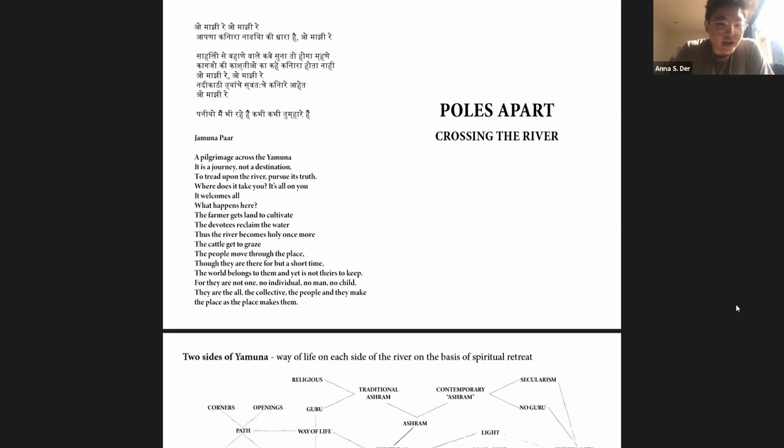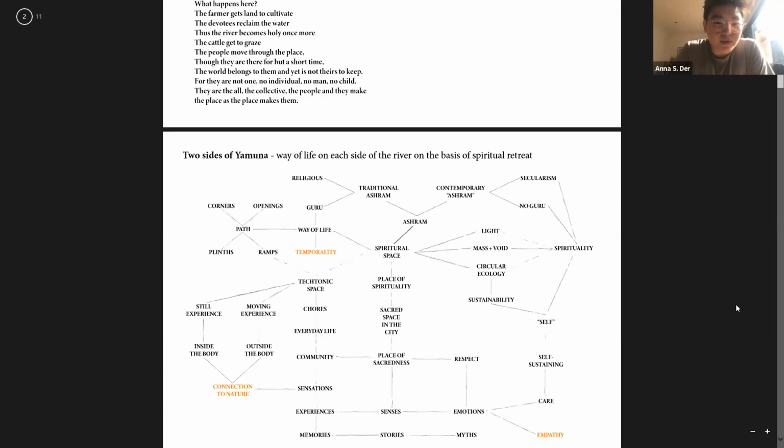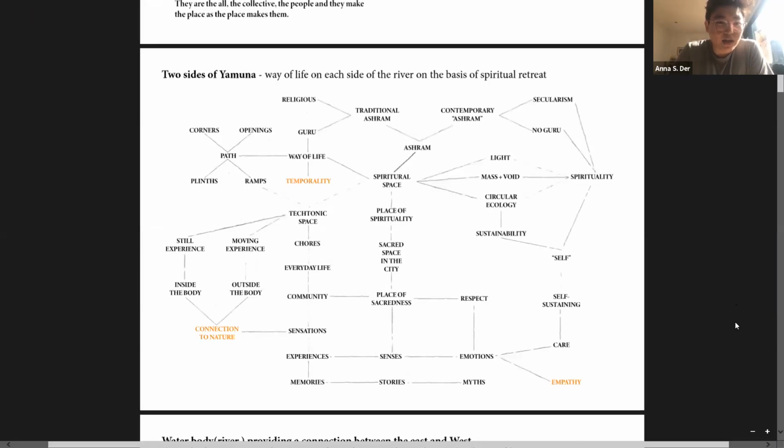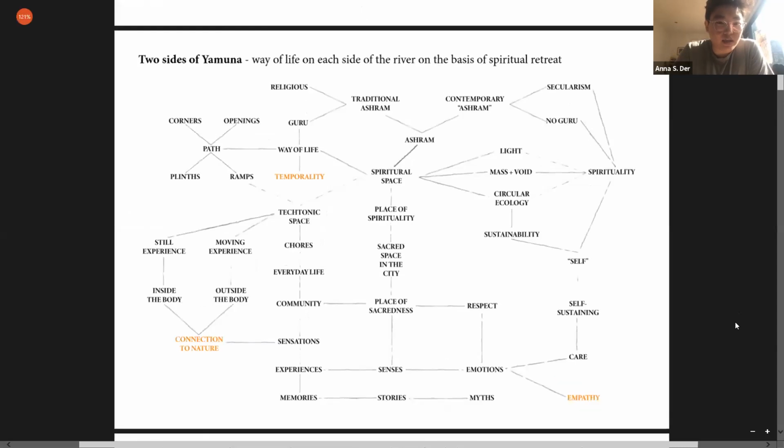And so today we'll present to you our project called Poles Apart. It's a project that begins with the idea of connecting to another place. As we looked at the sites on the west side of the Yamuna, we felt like there was a border that was keeping us from crossing the river.